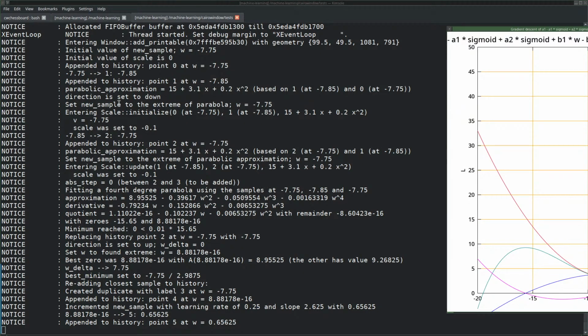It's not saying anything. Oh yeah, it's saying minimum reached. That's after a long while. Yeah. Well, okay. Maybe a bit of typical output is missing. Because why is it starting to do this?